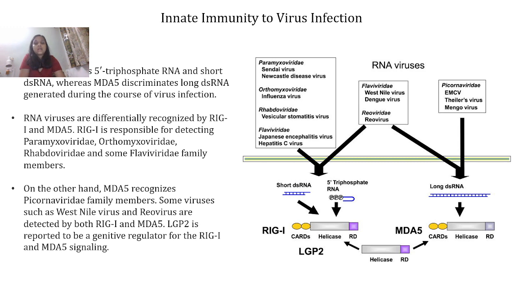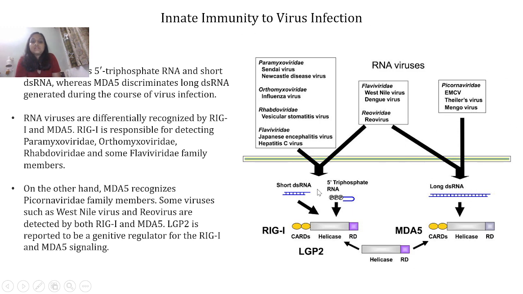Then after oligomerization only it can induce the signaling. So you can see this RIG-I can sense this 5' triphosphate RNA and short double-stranded RNA, where another PRR, which is MDA5, can recognize the long double-stranded RNA.